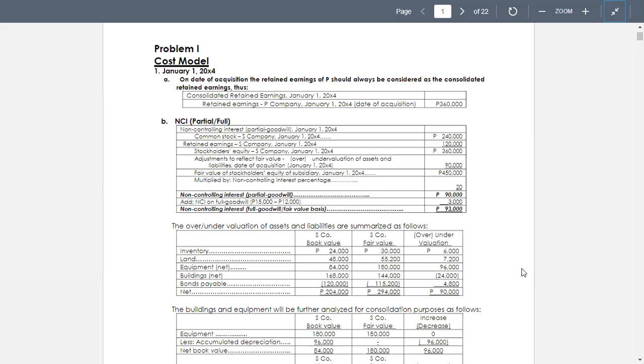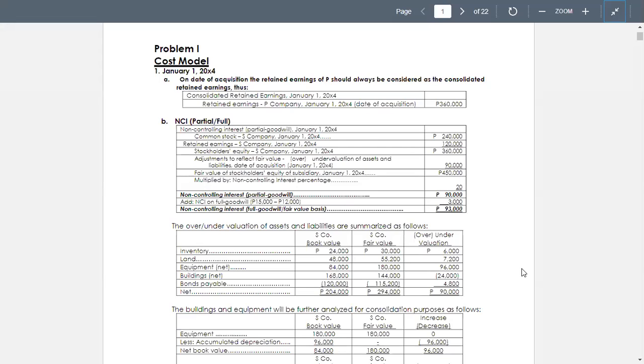On the other hand, if the problem tells you the use of the equity method, in other words, the investment account should be carried at the equity amount. When we talk about equity, the investment account balance will be debited for the original price, and also debited for net income.